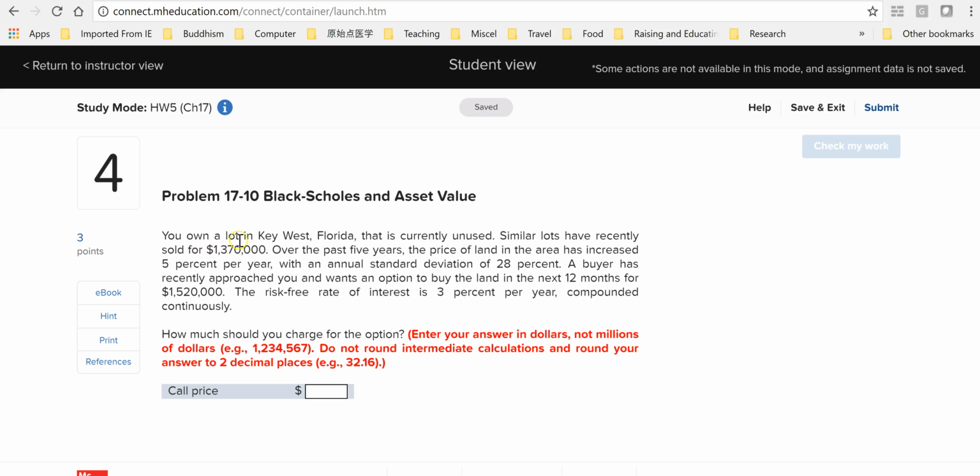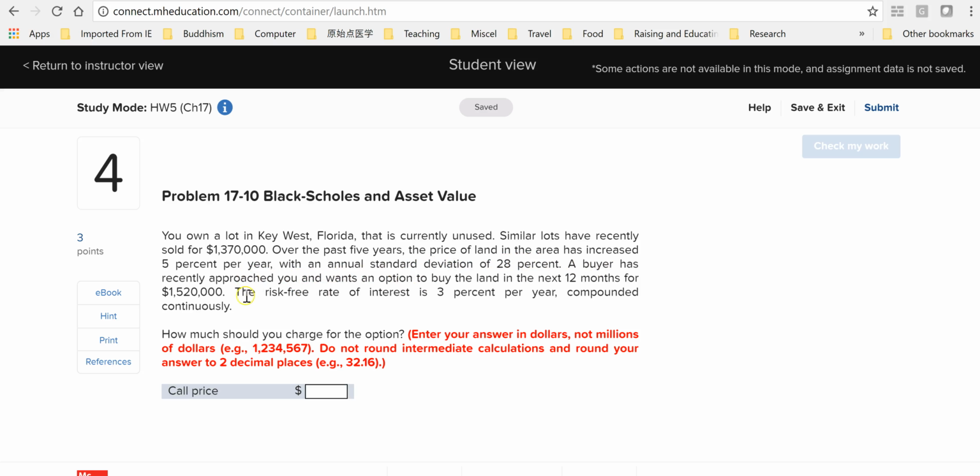You own a lot in Key West, Florida that is currently unused. Similar lots have recently sold for $1,370,000. Over the past 5 years, the price of land in the area has increased 5% per year, with an annual standard deviation of 28%.